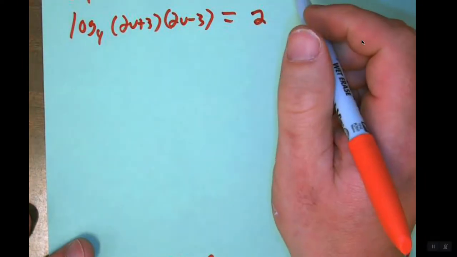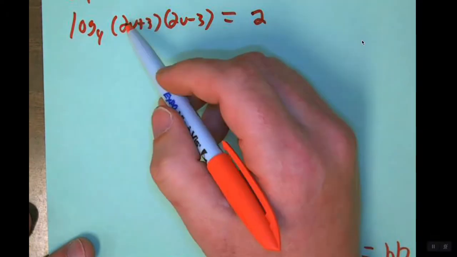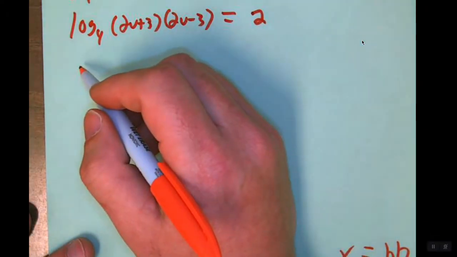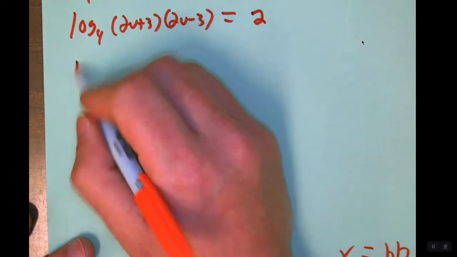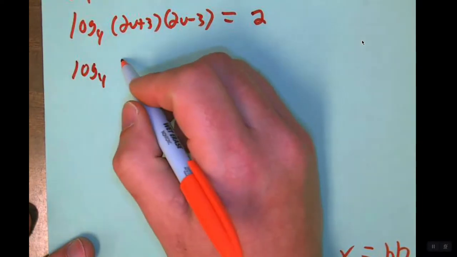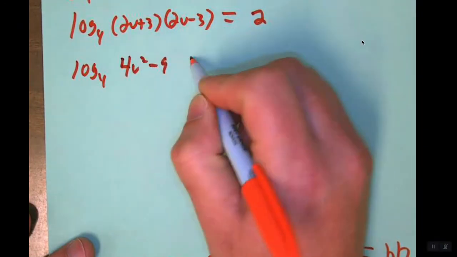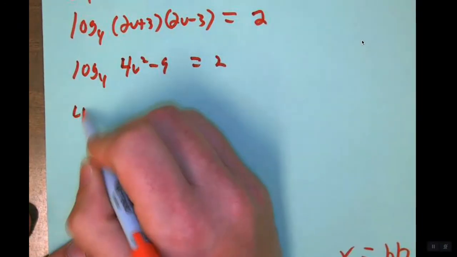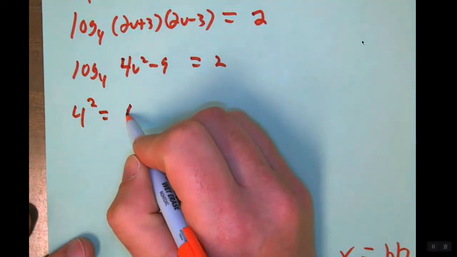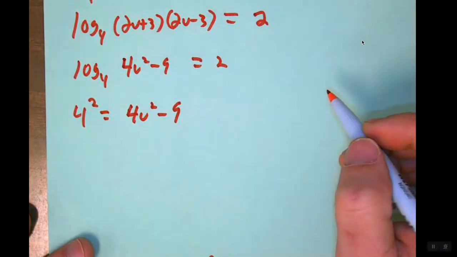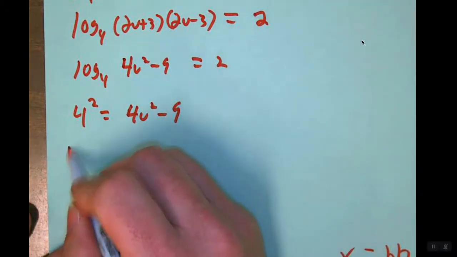Now, if you FOIL this out, you get log base 4 of, what is that going to be? 4v squared minus 9 equals 2. And so you do 4 squared equals 4v squared minus 9. What's 4 squared? Oh yeah, that's 16.